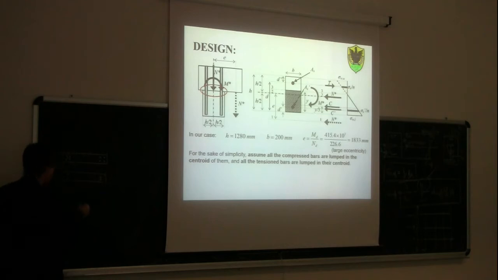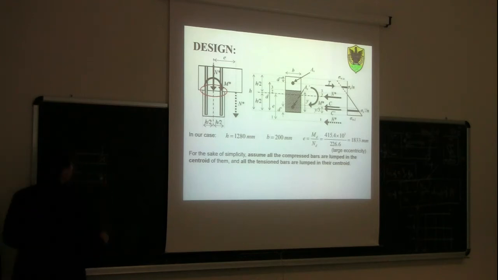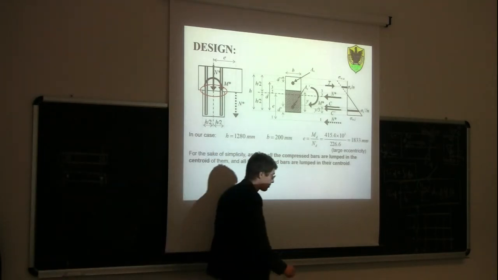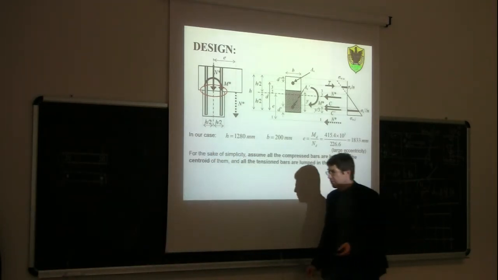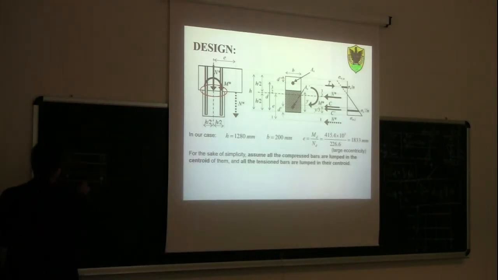In other words, we replace those 2 lines of bars with only 1 bar concentrated in the centroid of those 4 bars. Of course, this is an approximation, because it is not true, but the error in this case is very little, considering that those 4 bars are not too far away from each other.